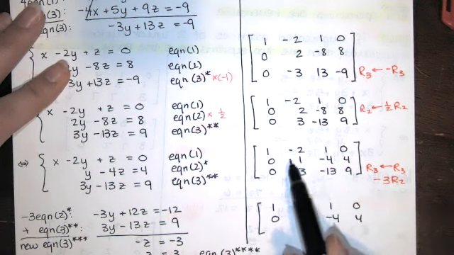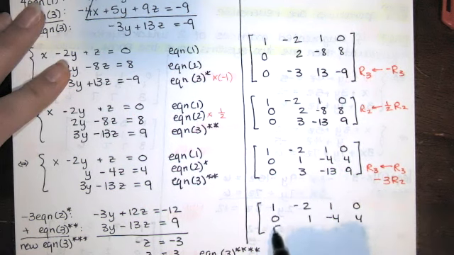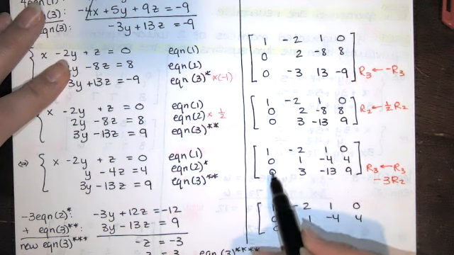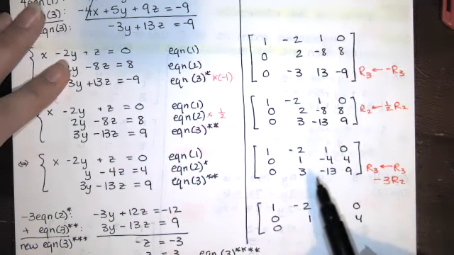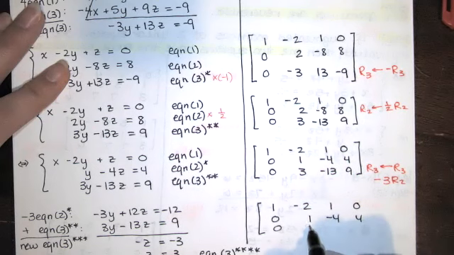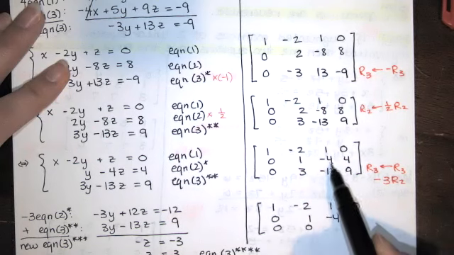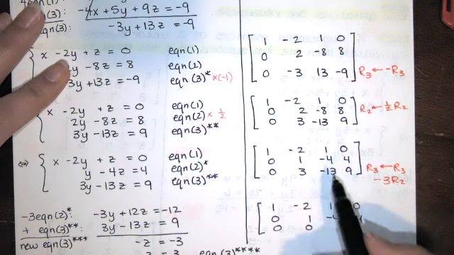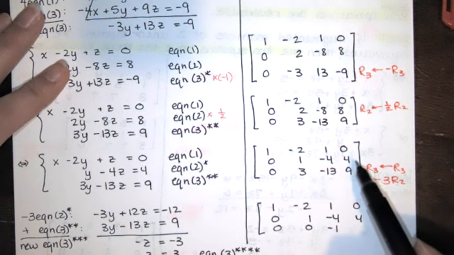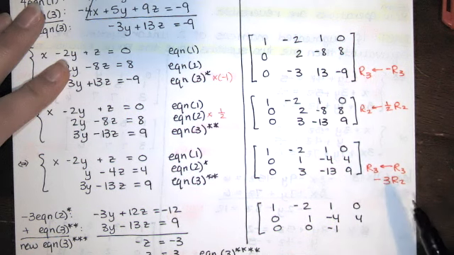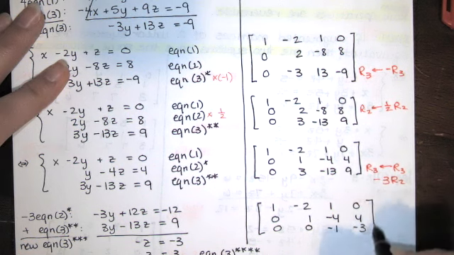And then we take this and multiply by -3 and add it to that. -3 times 0 plus 0 is 0. 1 times -3 is -3. -3 plus 3 is 3. -3 times -4 is +12. +12 plus -13 is -1. And then I've got -3 times 4 is -12, and -12 plus 3 is -3.